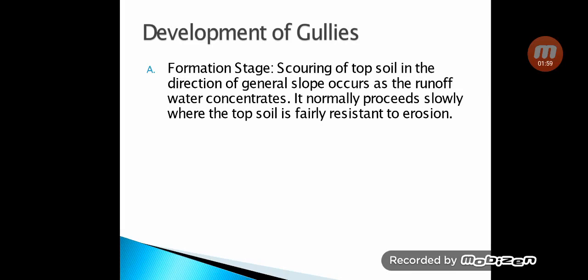As the runoff water flows over the soil, the topsoil is scoured in the direction of the runoff water. It normally proceeds slowly where the topsoil is fairly resistant to erosion, so it is a slow stage.